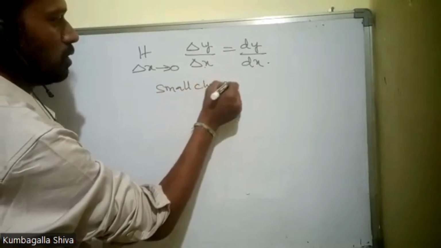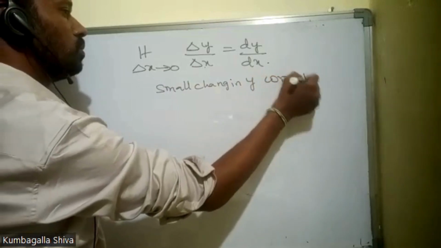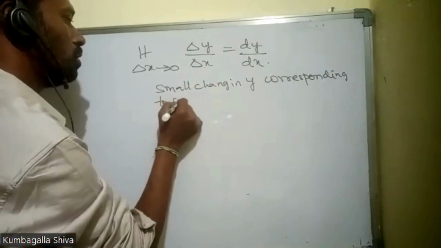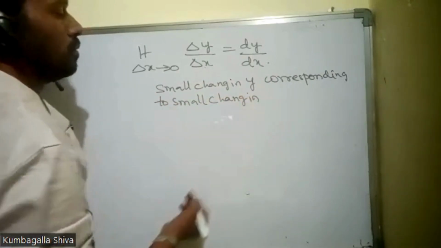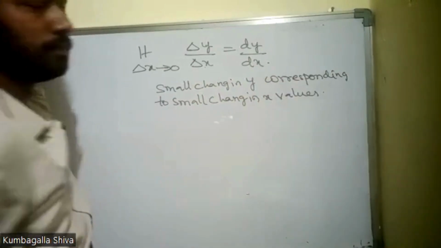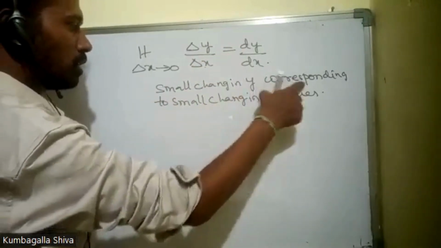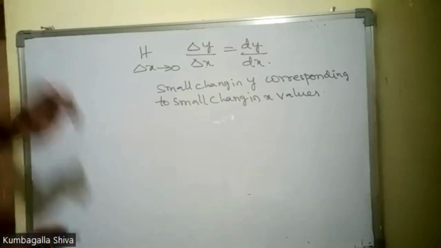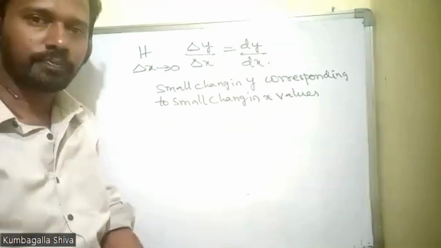Small change in y corresponding to small change in x values. So dy by dx means small change in y corresponding to small change in x values. Are we clear?